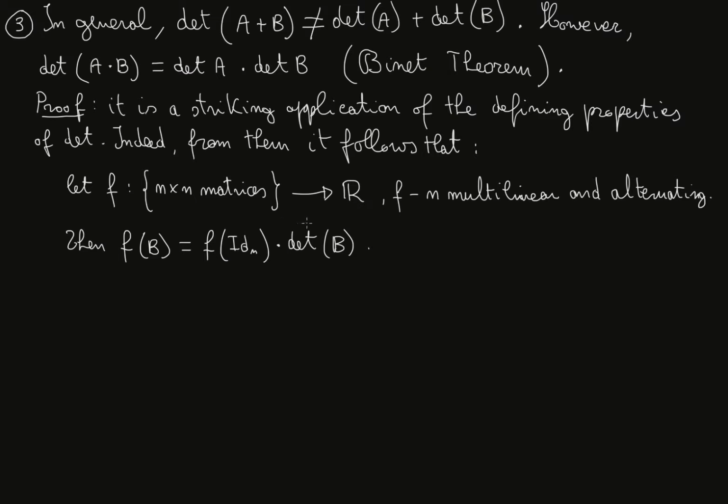Once we fix the behavior of f on the identity matrix, this follows from the fact that the three properties are defining for a function. So there is just a unique function satisfying all of them.